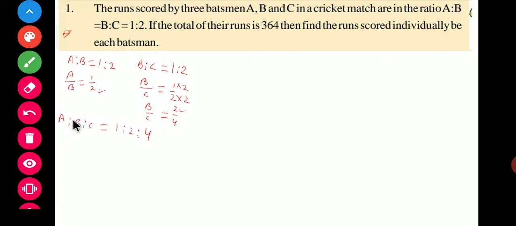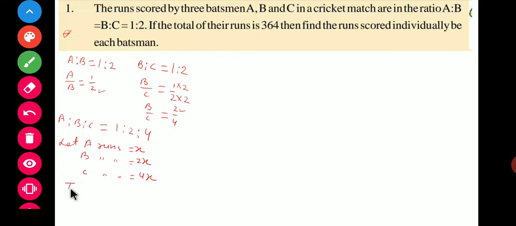Now let A's runs equal X, B's runs equal 2X and C's runs equal 4X.